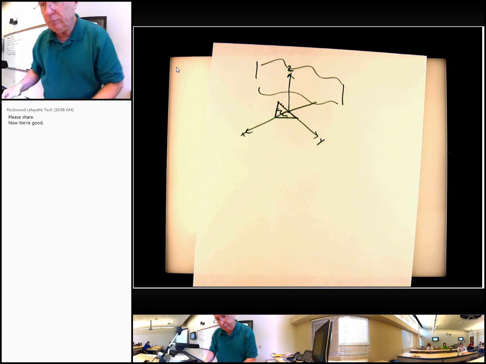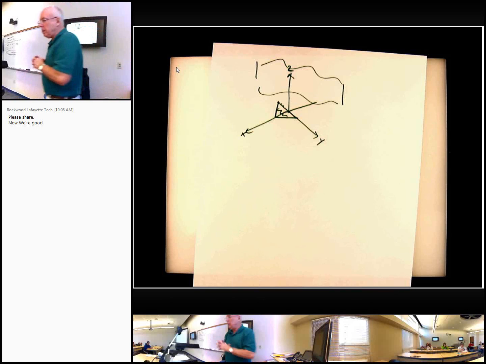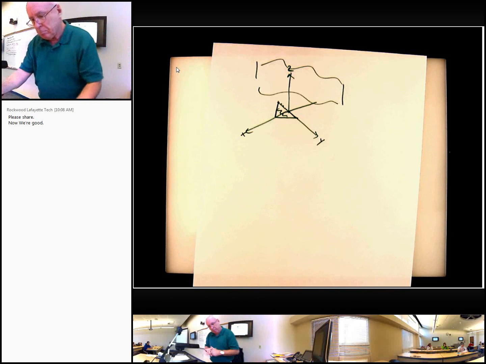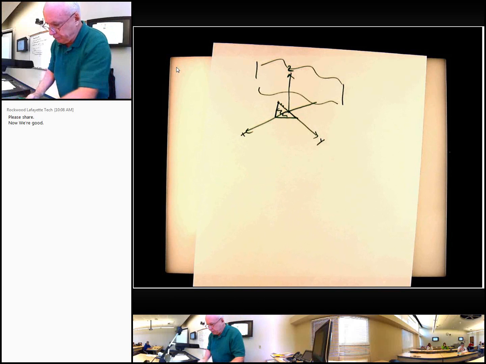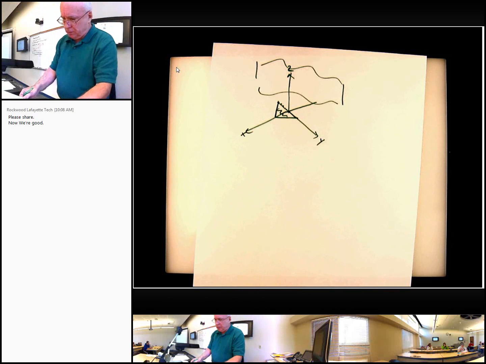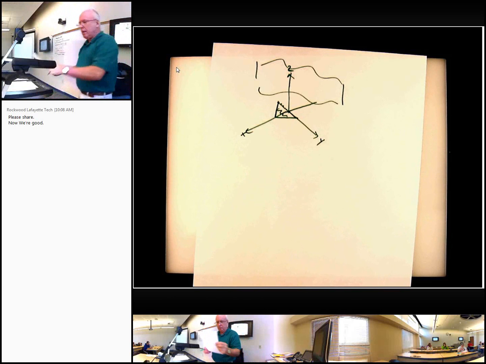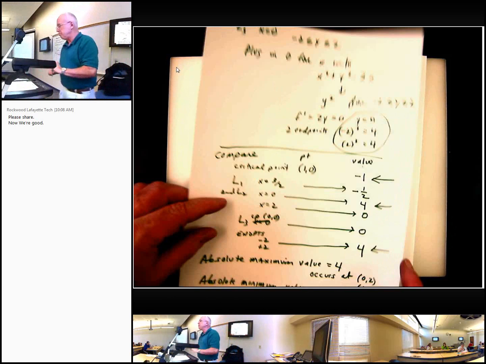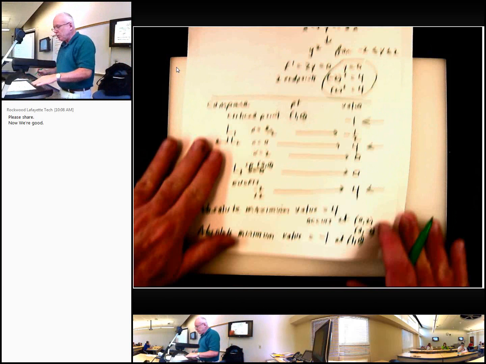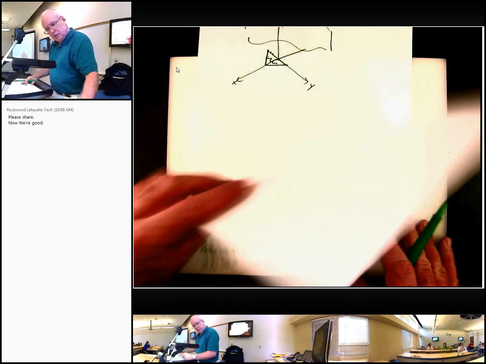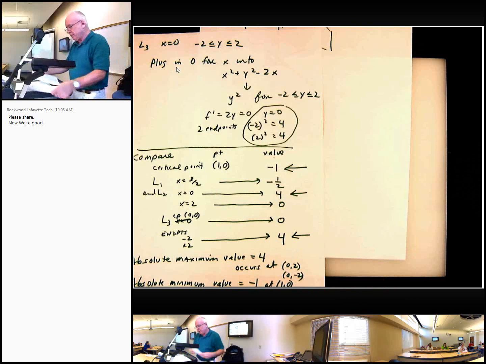So the absolute max, how come we had 3 of them that equaled 4 and only 2 points? Well, let's see. We had 3 of them that equal 4, and they turned out actually to be the same points. Where's my drawing here?